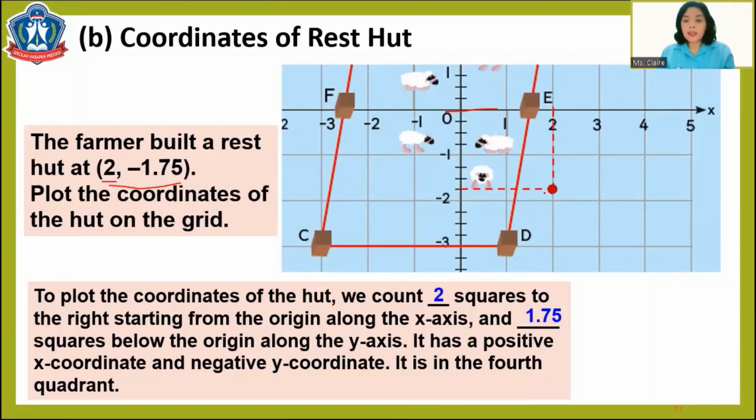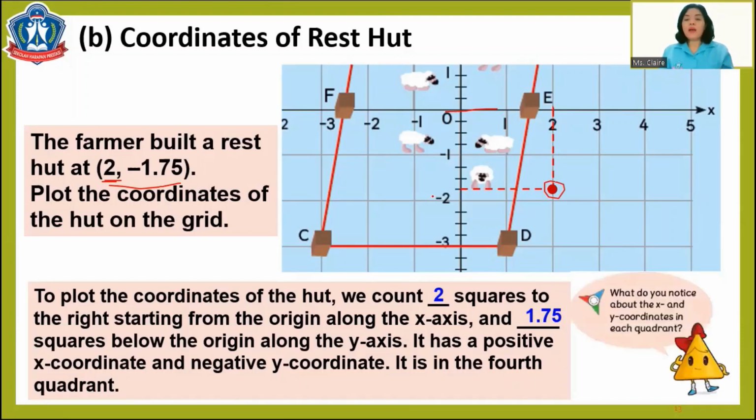Therefore, the hut is around this area. It has a positive x-coordinate, which is 2, and a negative y-coordinate, which is negative 1.75. It almost reaches 2, but not quite. It is only at negative 1.75. So remember, children, coordinates could be a fraction, a decimal, positive, or negative.